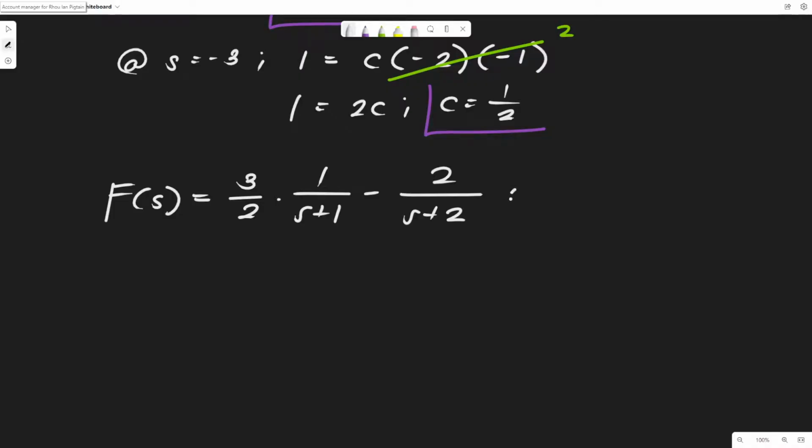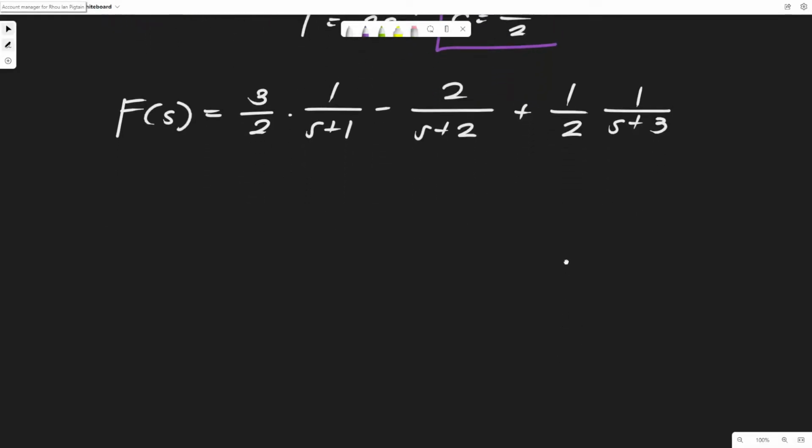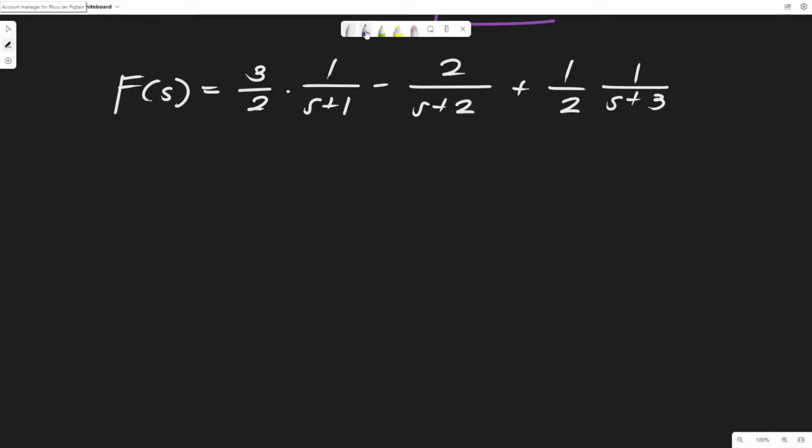So, plus 1 half, yun yung c, times 1 over s plus 3. Okay, so ready na tayo mag-inverse Laplace.